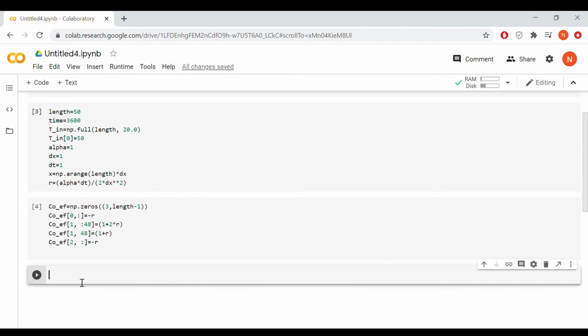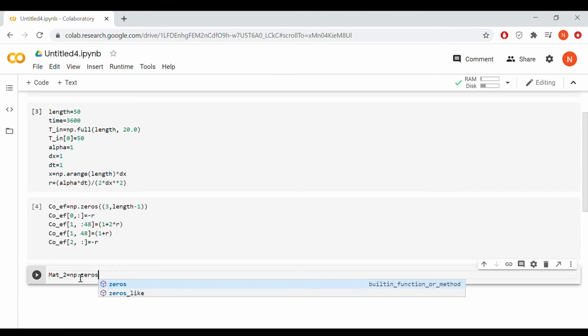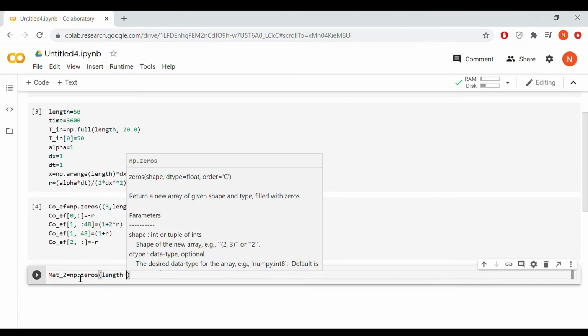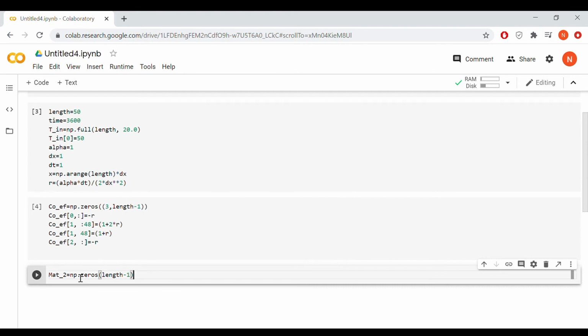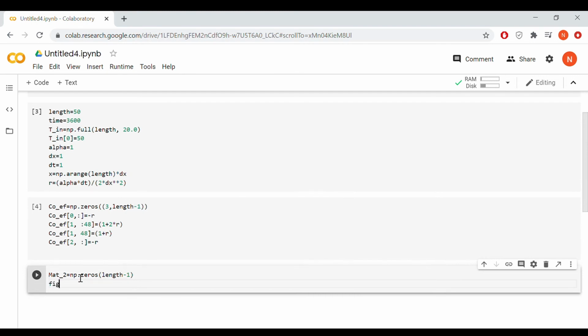Let's add another code bar. Okay. Now that we have that set up, we're going to set up our second matrix. So we'll do matrix_2 equals np.zeros from length minus 1. And then we'll start making the plot.